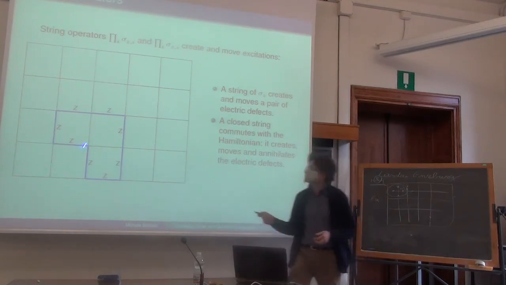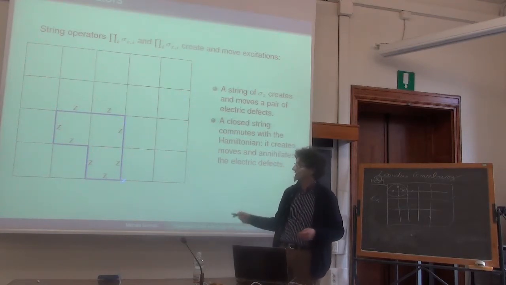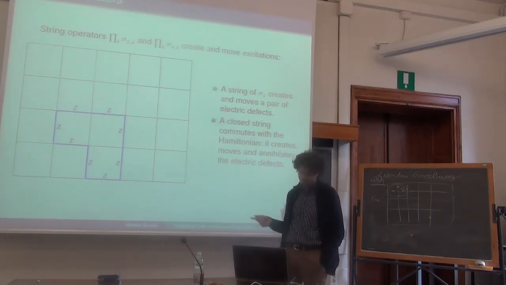And once I close the loop, you see that all these A operators commute with this string of Z's, because you have one entering Z and one exiting Z from each vertex, so an even number of them, and you obtain that this is a symmetry of the Hamiltonian, because it does not change the energy.